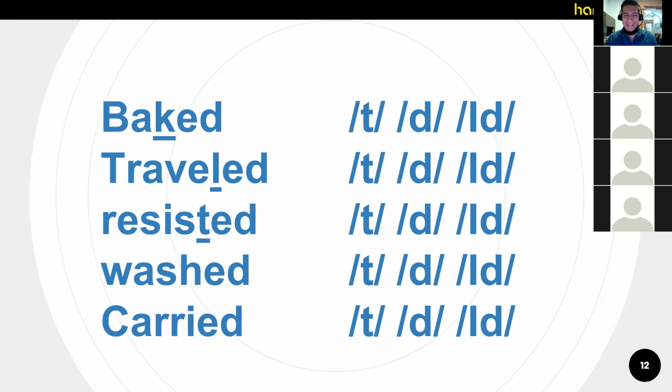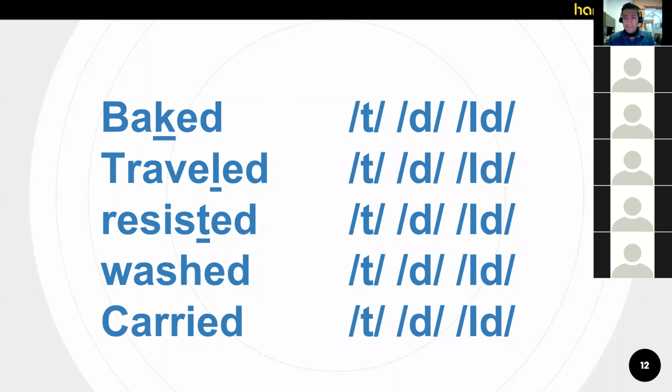Thank you, Carmen. Good. The next is watched, the T, because of the H. Exactly, that is correct. Washed. Perfect. And finally, what about the last? John, can you help us?